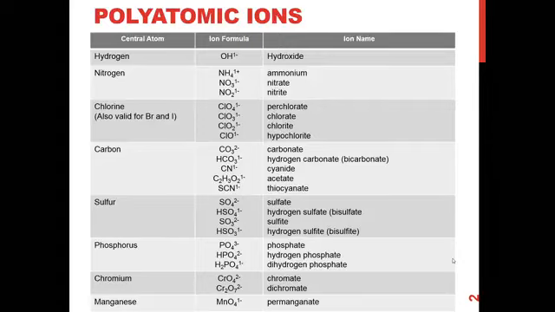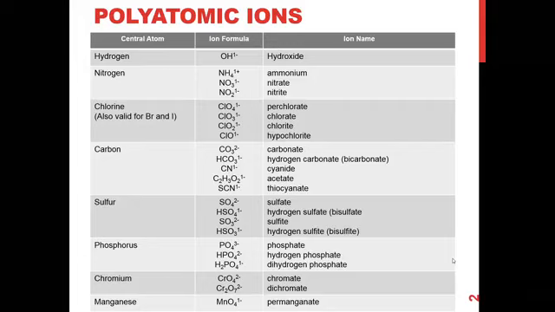Polyatomic ions are ions that are made up of more than one type of atom. In front of you, you see a list of all of the polyatomic ions you are expected to know for this course. You need to know not only the formula of the ion, but also its name.